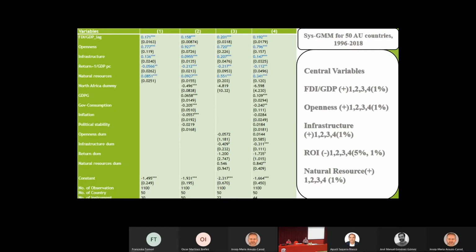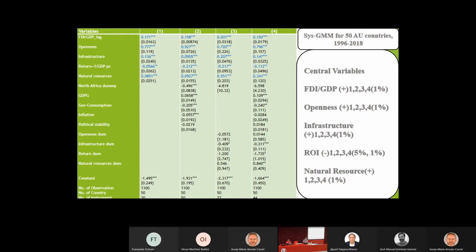For the results, I divided the slides into three slides to explain the variables. The first slide is for the main, central variables. FDI is the lagged variable that I'm using. The previous and current values are positive in all four columns.